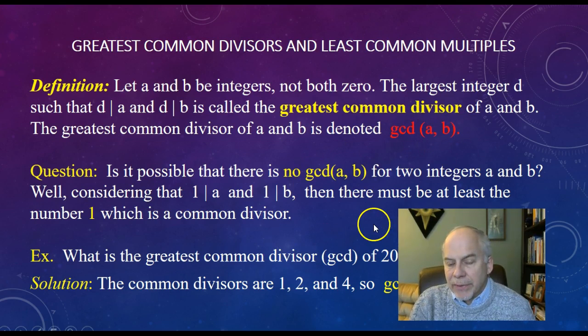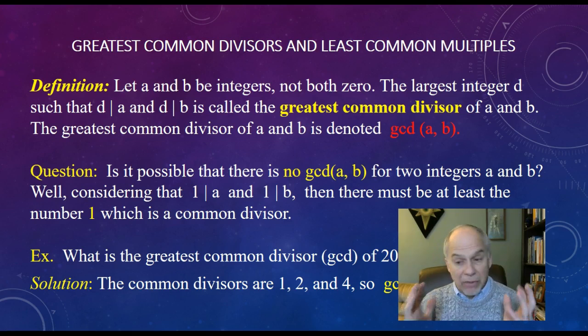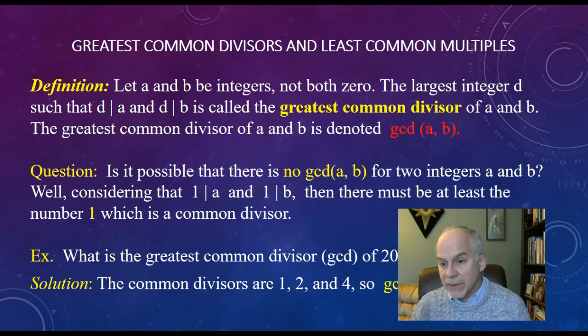Question: is it possible that there is no greatest common divisor? Does every two numbers have a greatest common divisor? Well, considering that 1 will divide evenly into both a and b, then at least the number 1 is a common divisor.